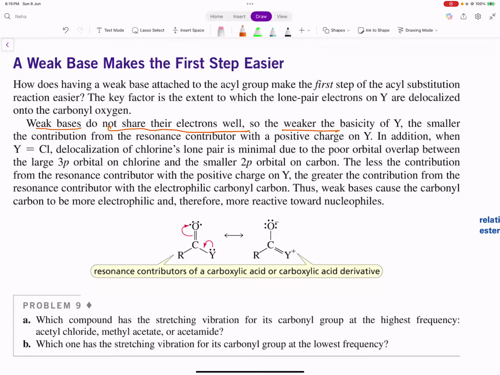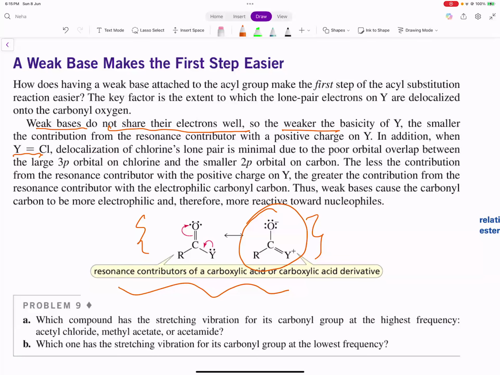So if they do not share their electron well, this resonance contributor will not be very important in the case of Cl, because Cl minus is a weak base and it will not donate nicely. So this second resonance contributor will not be important, right?